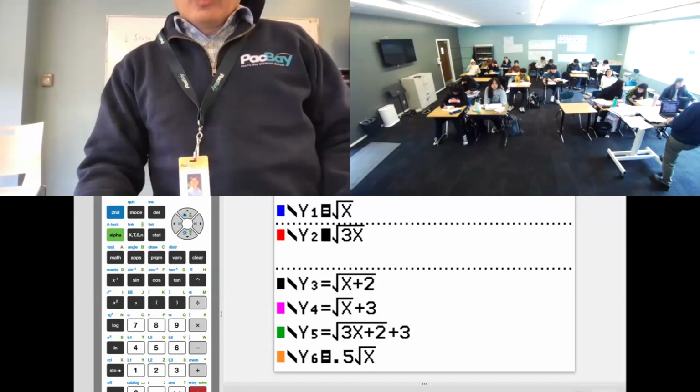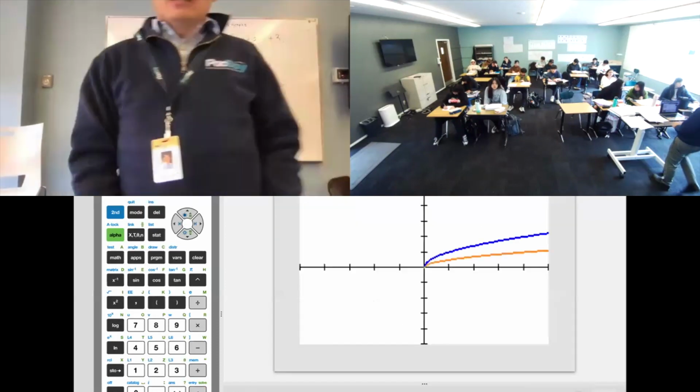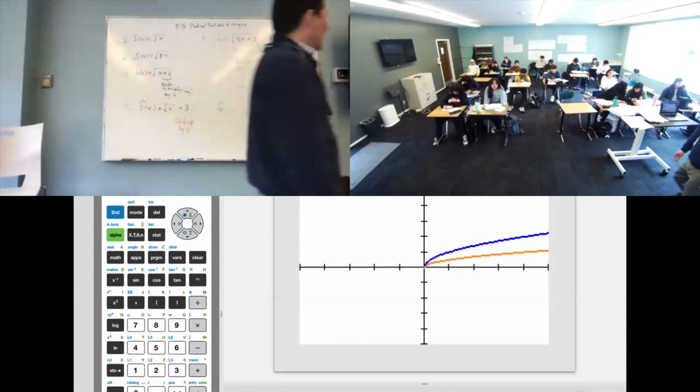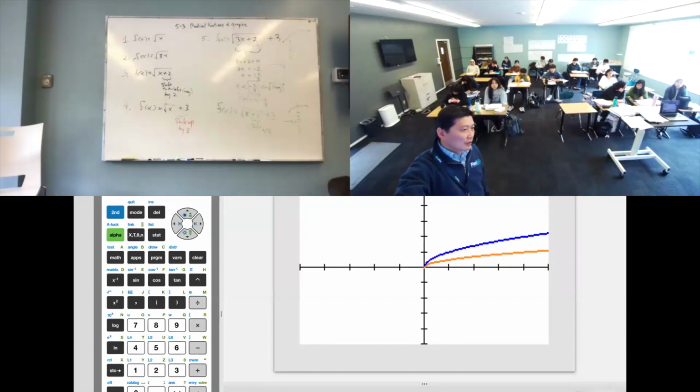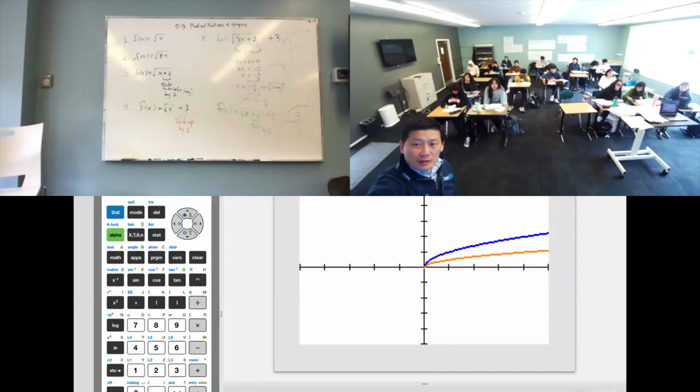So for example, if I do the graph, it shows the first equation, and then the orange will be the most recent equation, 1/2 square root of x. So you see, this literally cuts in the middle. Do you see how this blue line goes like this, covers this much area?